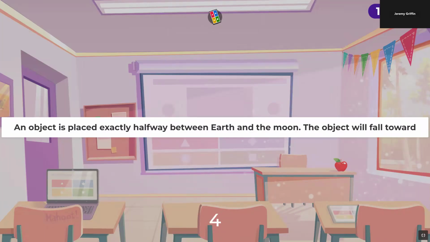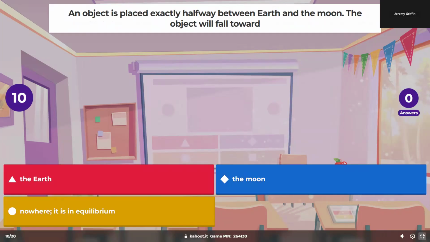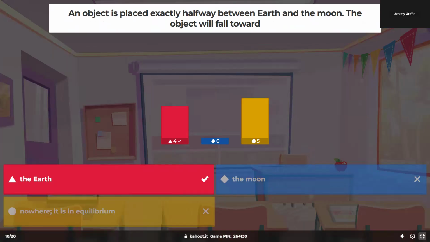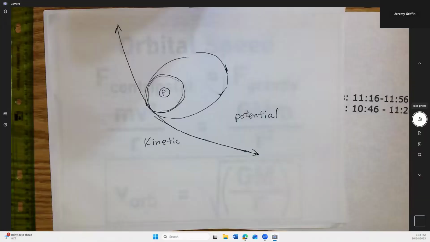An object is placed exactly halfway between Earth and the Moon. The object will fall toward... yeah, the Earth, because the Earth is more massive. Here, I'll draw that one out.